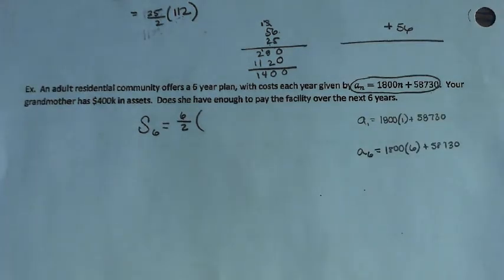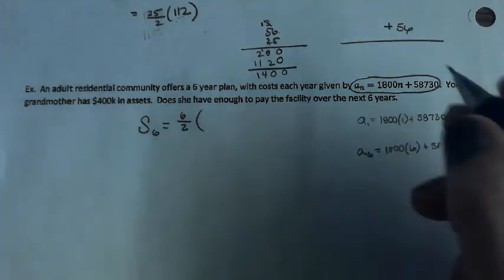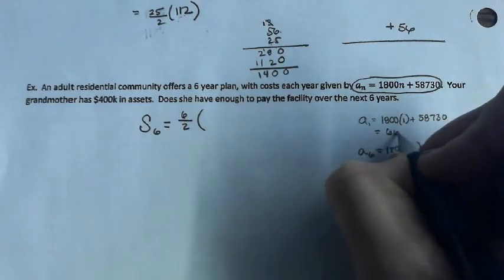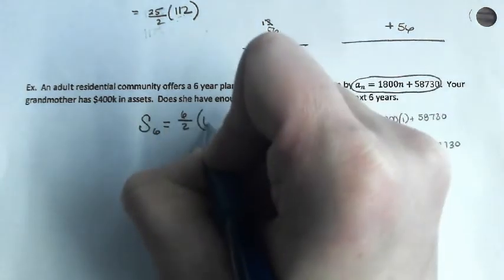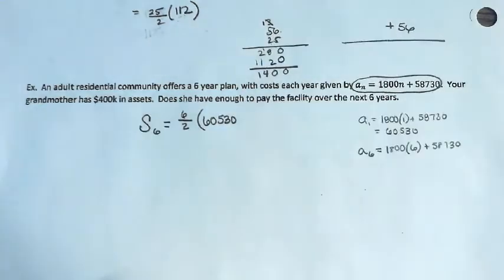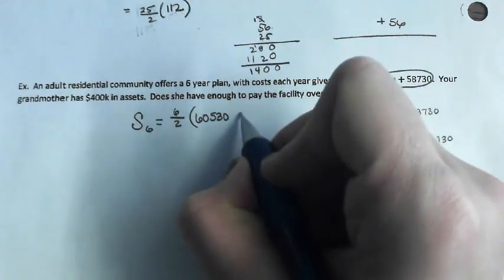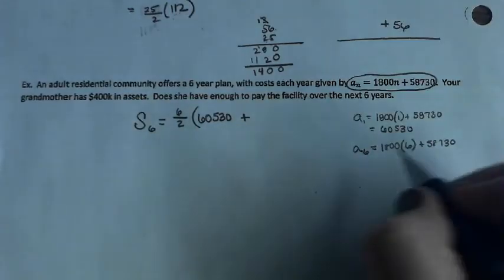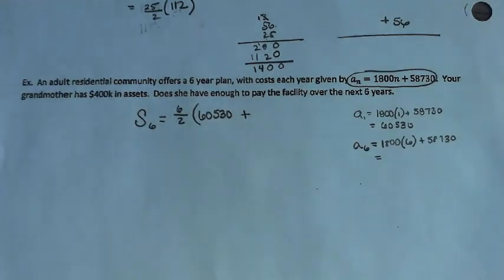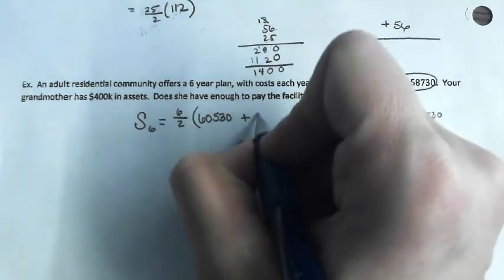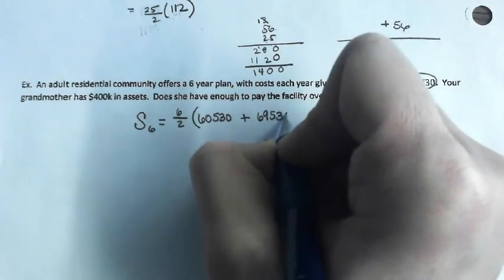So I'm going to cheat and use the calculator for the sake of time. 58,730 plus 1,800 makes the first term 60,530. That's how much she pays her first year. Plus, in the 6th year, 58,730 plus 1,800 times 6, that's 69,530.